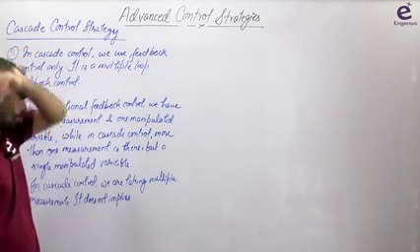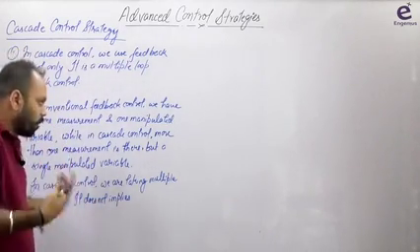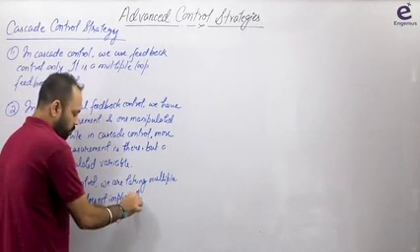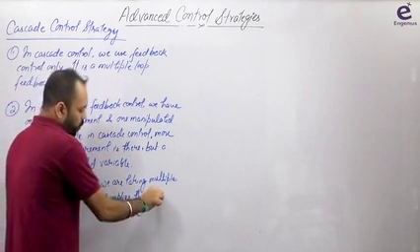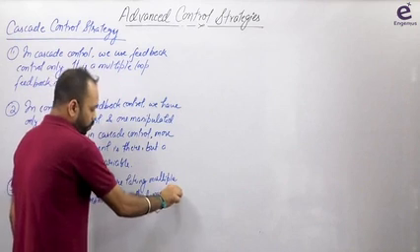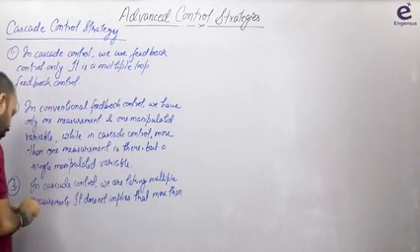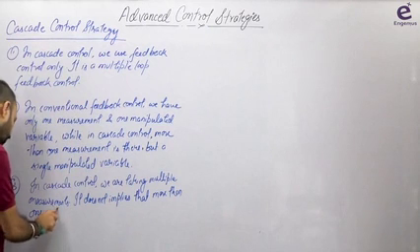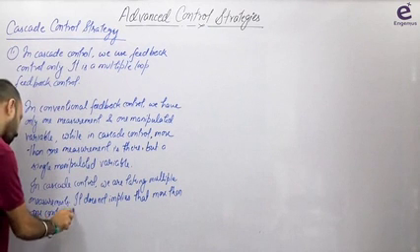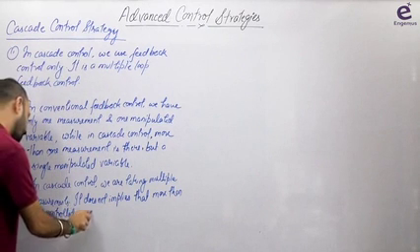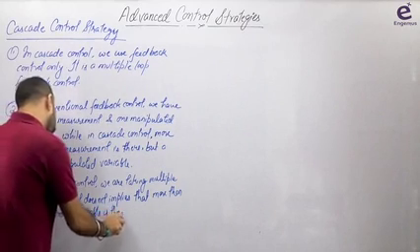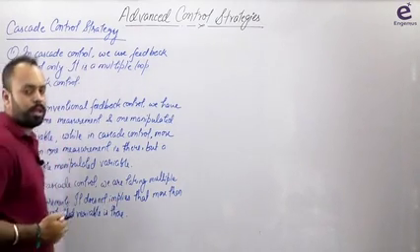We have the objective of controlling only one variable. However, we are making multiple measurements. It does not imply that more than one controlled variable is there. That is the third characteristic.